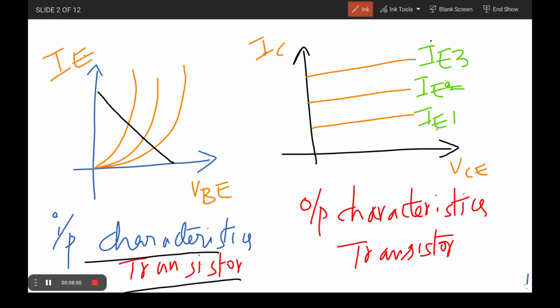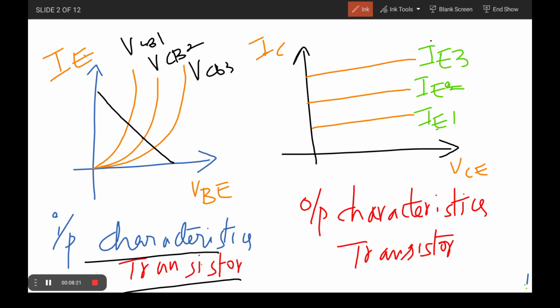Input characteristics means the characteristics between the emitter current and VBE. At that time you need to keep some constants, that is VCB1, VCB2, VCB3.